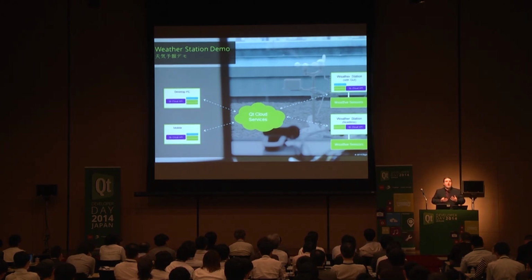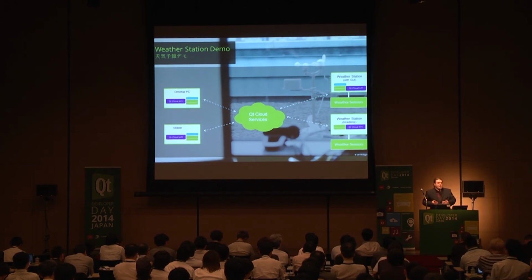The same UI runs on mobile devices, Android, iOS, WinRT, phones, tablets, on desktop, and then also on the embedded device. So when we created this demo, we were able to reuse the same code for all of these platforms. Of course, the backend for the embedded device is different because it has the sensors there locally, but it's still using the same technology.